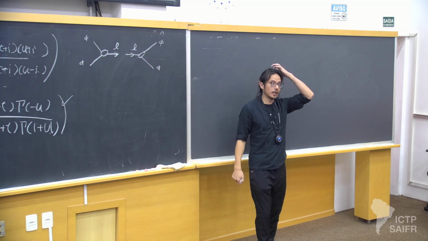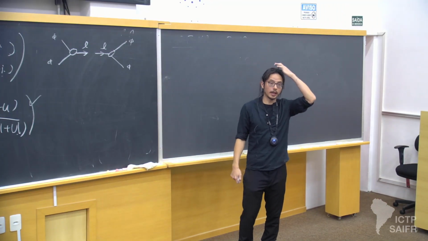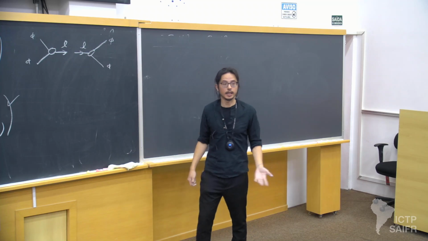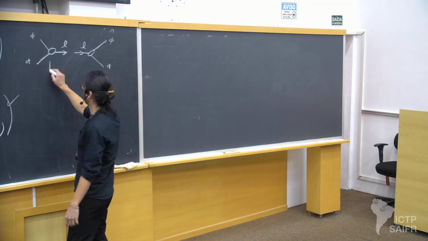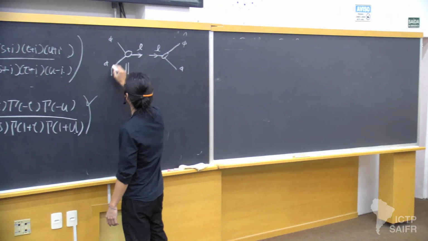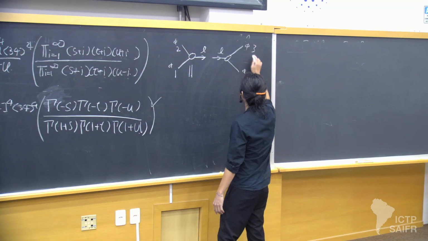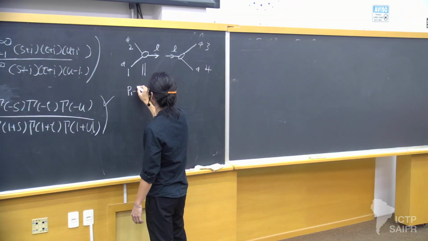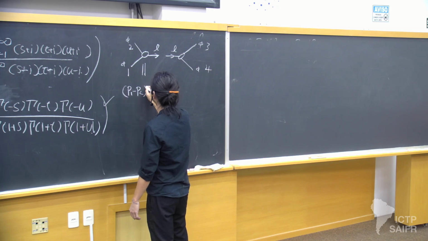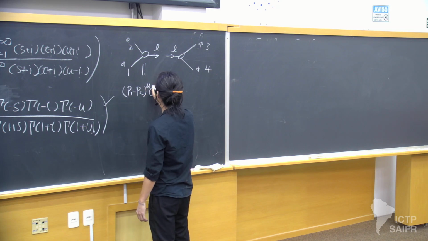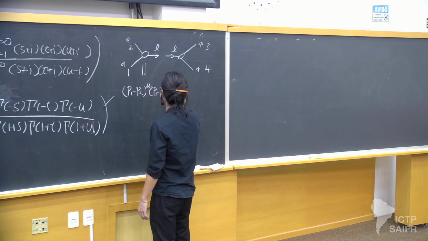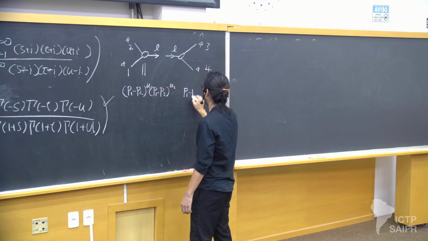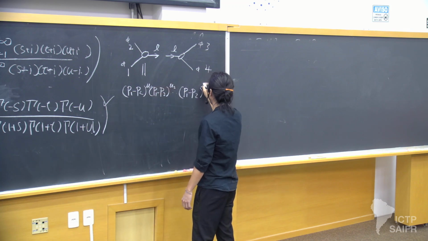It turns out that this 3-point amplitude is extremely simple to write down. If I call this 1, 2, 3, 4, then this thing is just (P1 minus P2)^mu1, (P1 minus P2)^mu2, all the way to (P1 minus P2)^muL.